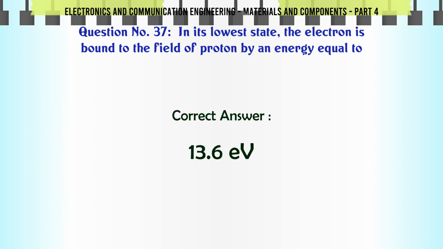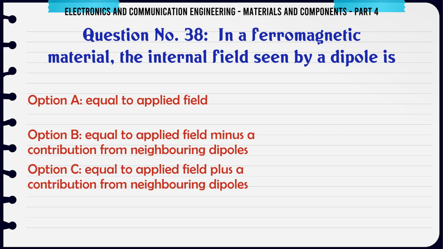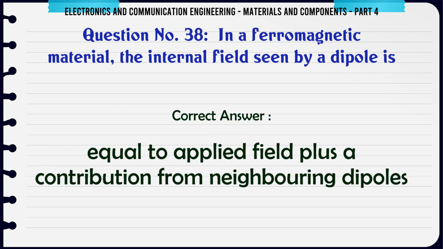The correct answer is 13.6 eV. In a ferromagnetic material, the internal field seen by a dipole is A. equal to applied field, B. equal to applied field minus a contribution from neighboring dipoles, C. equal to applied field plus a contribution from neighboring dipoles, D. equal to or less than applied field. The correct answer is equal to applied field plus a contribution from neighboring dipoles.